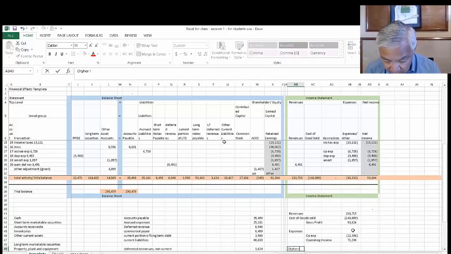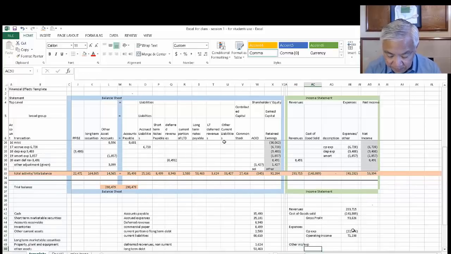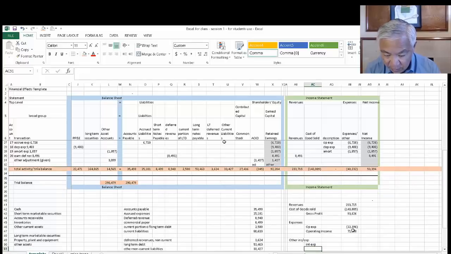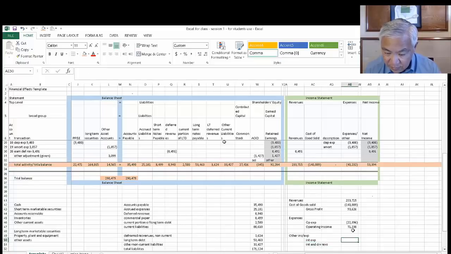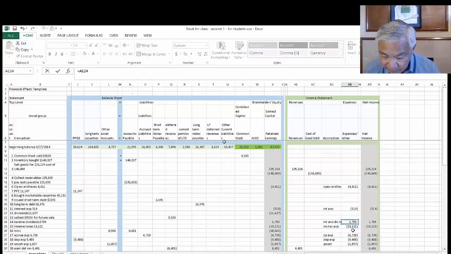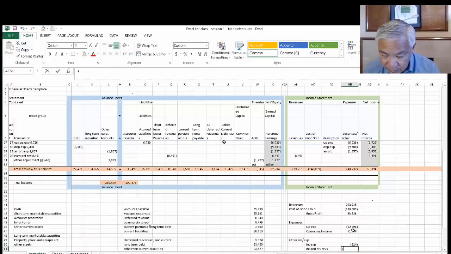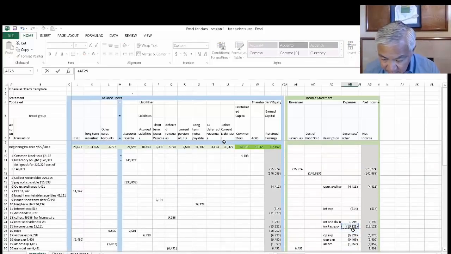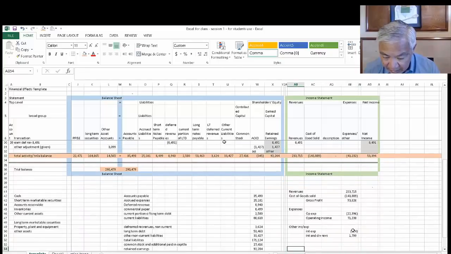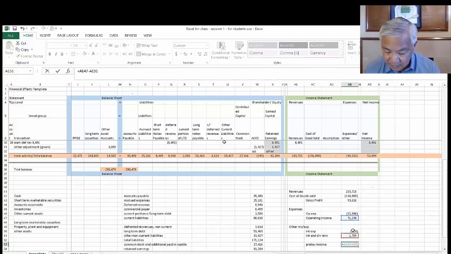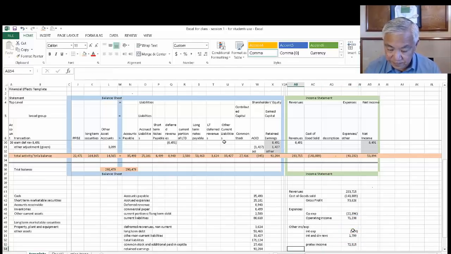Then we have other income expense. Here we have interest expense, and we also have interest and dividend revenues. Let's start with interest expense. It's right here, 514. And interest dividends was right there. And so now we have pre-tax income, which is operating income plus those two items, 72.